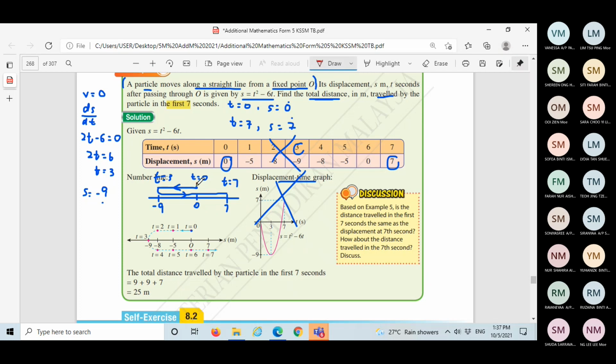From here to here, 0 to negative 9, this is 9 meters. Then from negative 9 back to 0, another 9 meters. Then 0 back to 7 here, this is 7 meters. Therefore 9 plus 9 plus 7, so this is the answer, 25.